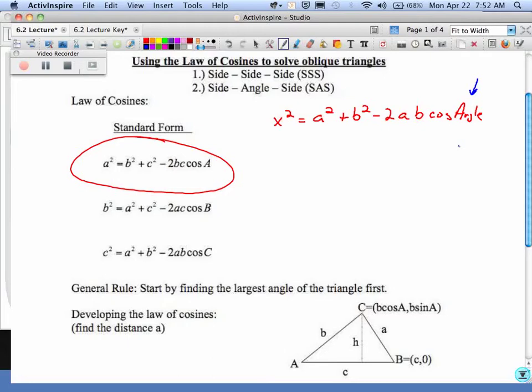So I have to bring a squared over, I have to bring b squared over. And we would subtract them as we brought them over. And what I want to do is leave the angle behind. And so we will divide now by negative 2ab on both sides.